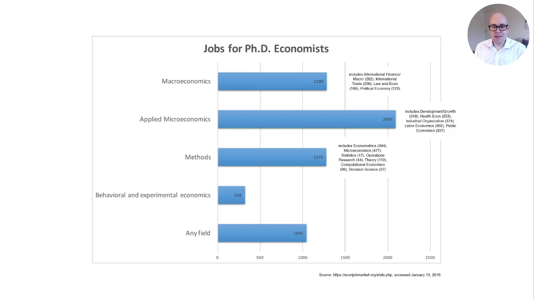And what you see is that the biggest chunk of jobs, they come in applied micro, and applied micro is, in a broad sense, empirical work. Sometimes empirical work together with theory, but distinct from methods. Methods here includes econometrics, and about a third of those jobs will be in econometric theory.